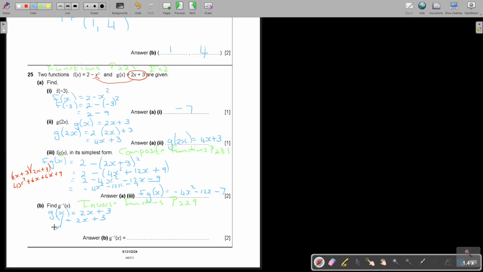So where you see a y, you make an x, and where you see an x, you make a y. And then you say x minus 3 equals 2y. Then you divide by 2, and I get this, and they already helped you with that one, and it's x minus 3 over 2. Okay, let's go to the exam report.